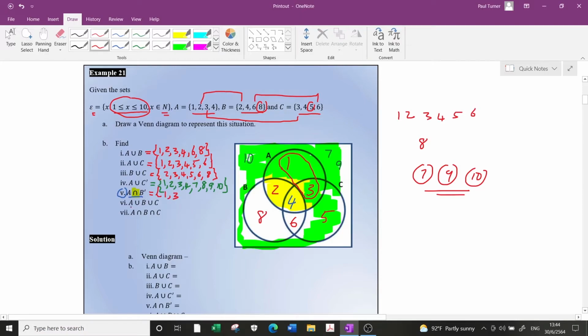Okay, A union B union C. What that basically means is all of your sets put together. So all of the numbers inside your sets will be the solution. That would be 1, 2, 3, 4, 5, 6, 8.